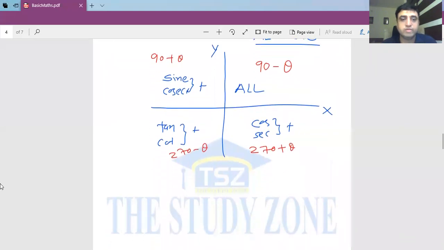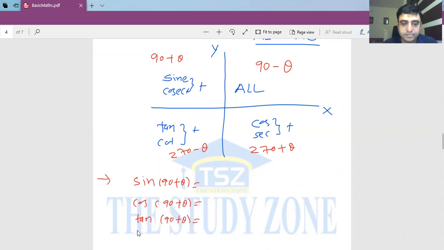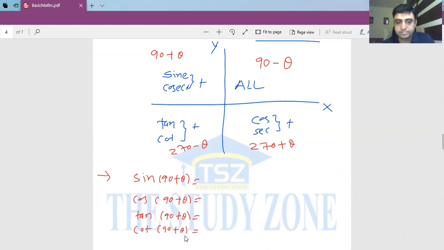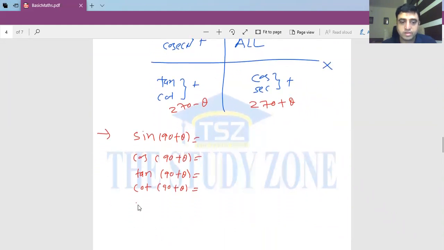Now I want to write it for a second quadrant angle: sine 90 plus theta, cos 90 plus theta, tan 90 plus theta, cot 90 plus theta, sec 90 plus theta, and cosec 90 plus theta.